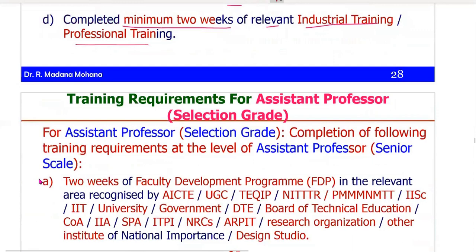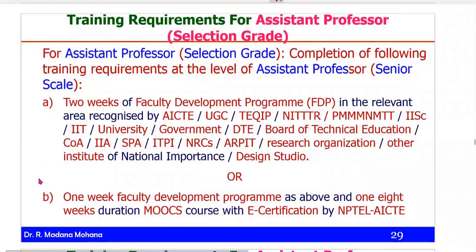Then training requirements for assistant professor with selection grade. The same first condition as assistant professor senior scale: 2 weeks of faculty development program in the relevant area recognized by any of these regulatory bodies. Or the second condition: one week faculty development program as above mentioned, and one 8 weeks duration MOOCs course through NPTEL AICTE.